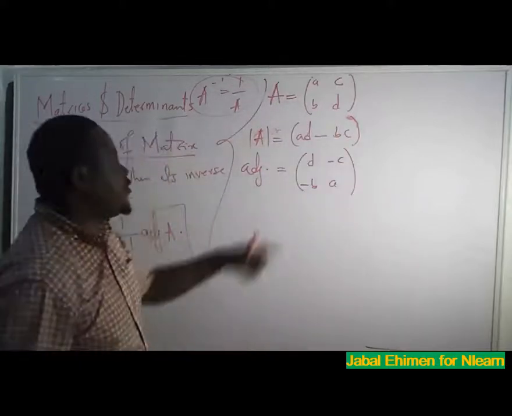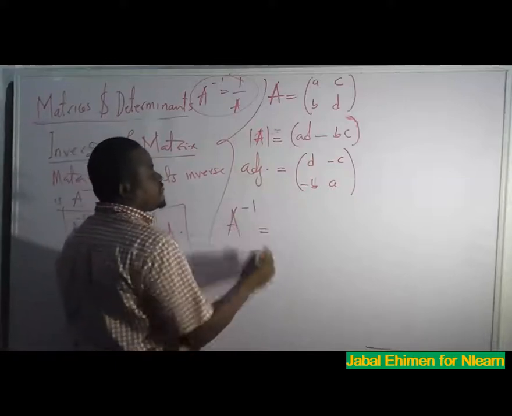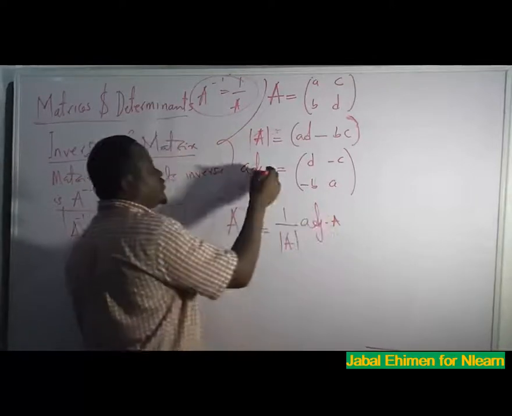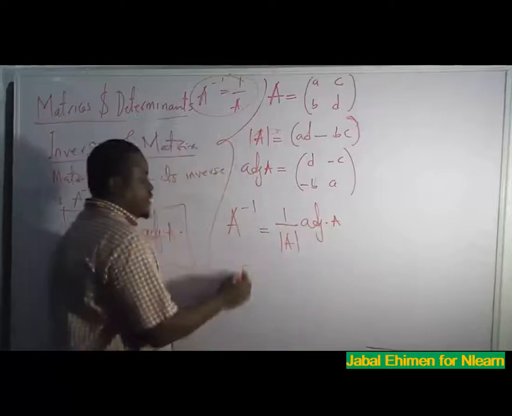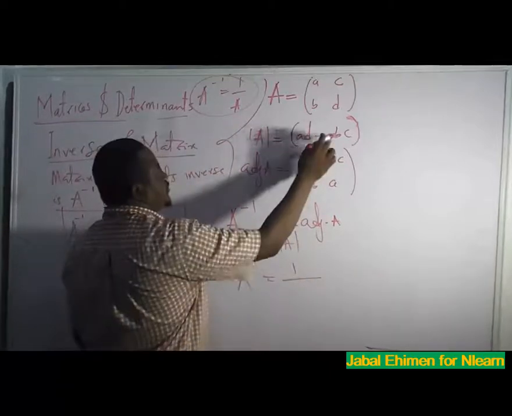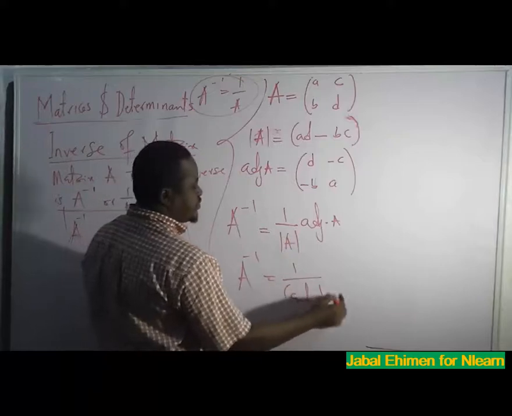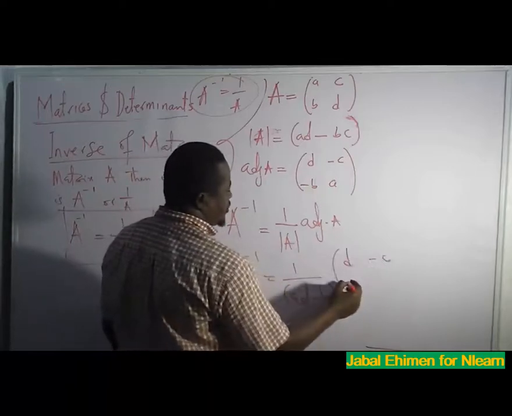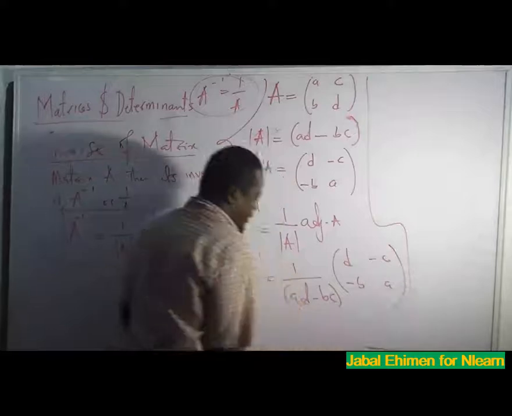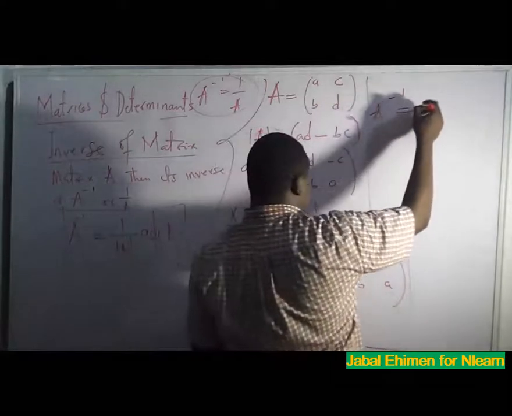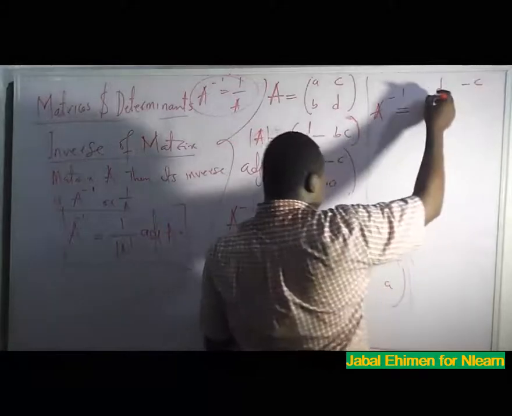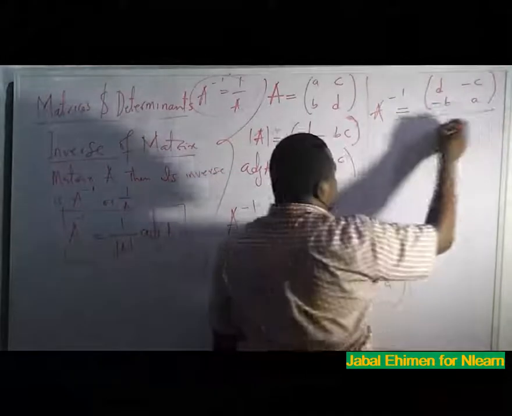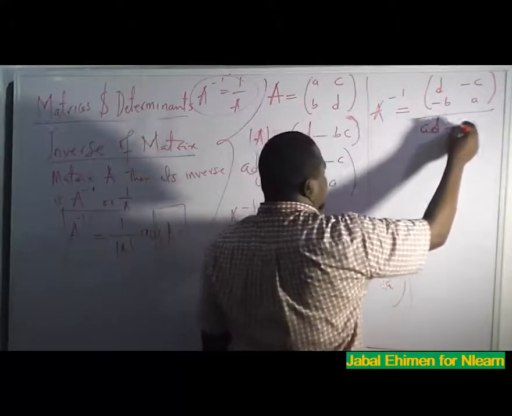So from here, A inverse, which is the inverse of A, becomes 1 over determinant of A times adjoint of A. So this is the adjoint of A. From here, A inverse now becomes 1 over AD minus BC, times the adjoint itself, which is D, minus B, minus C, A. So finally, I can just say that A inverse is D, minus B, minus C, A, divided by AD minus BC.